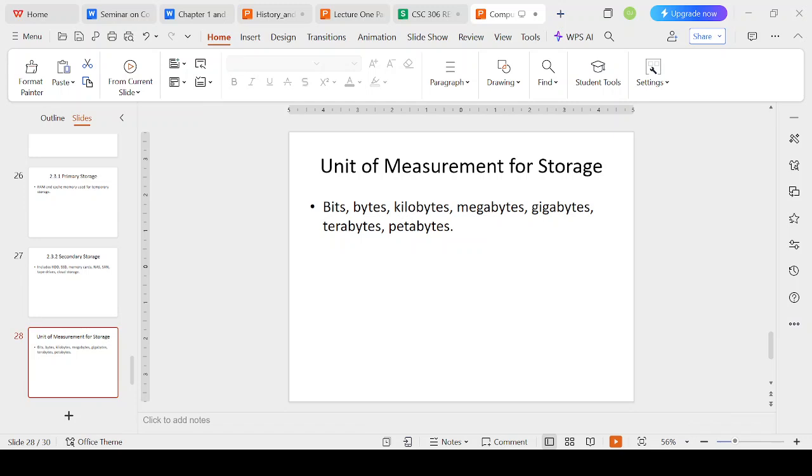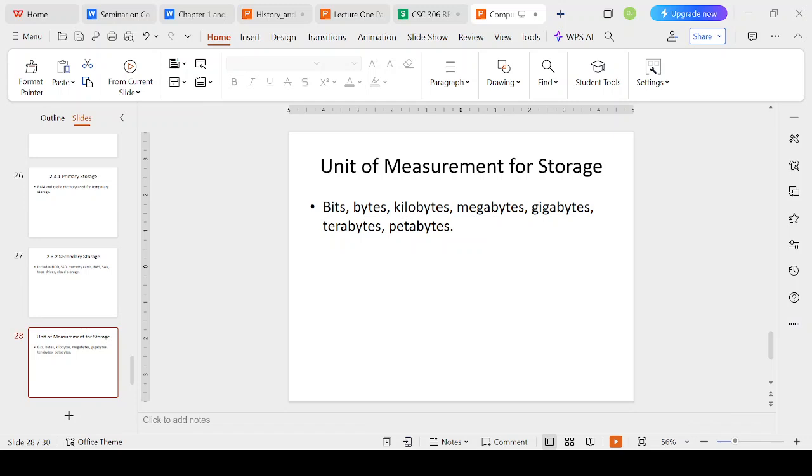That's about 1 billion bytes. 1024 gigabytes is equal to 1 terabyte. That is about 1 trillion bytes.